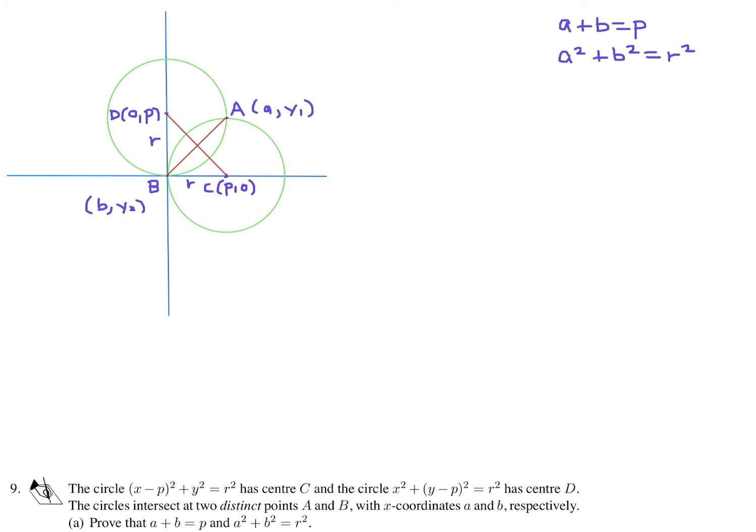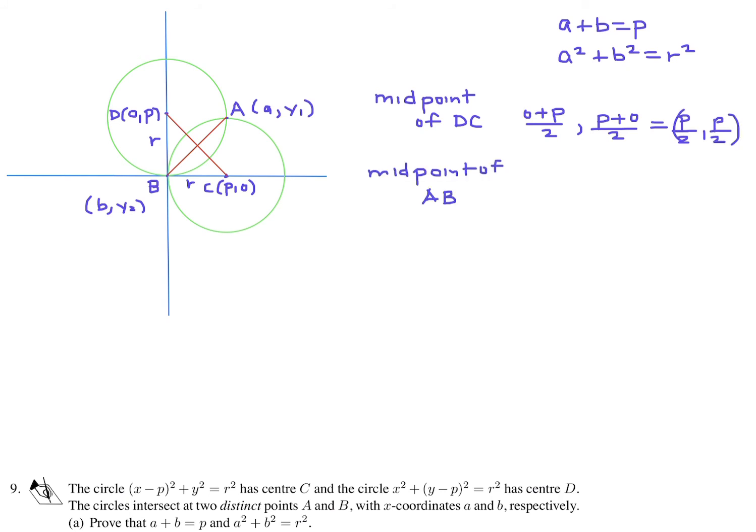Using the midpoint formula, the midpoint of DC is (0 plus p) over 2 and (p plus 0) over 2, and that is p over 2, p over 2. And then the midpoint of AB looks like (a plus b) over 2, and then (y1 plus y2) over 2, and that's it. We don't need to simplify it.